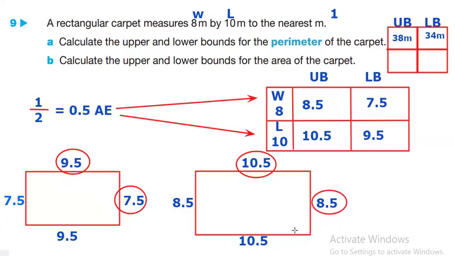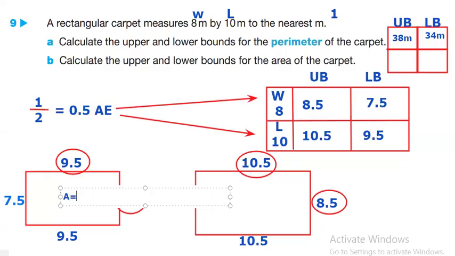So the first one with the lower bound area, I'll multiply 9.5 times 7.5, and I'll get the lower bound area, which is 71.25.